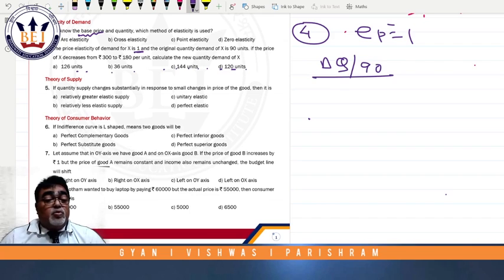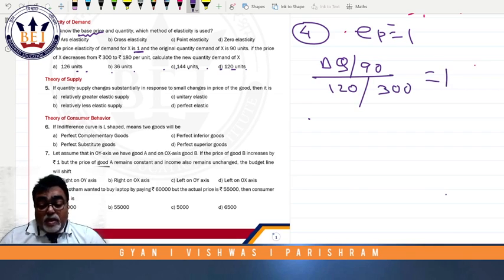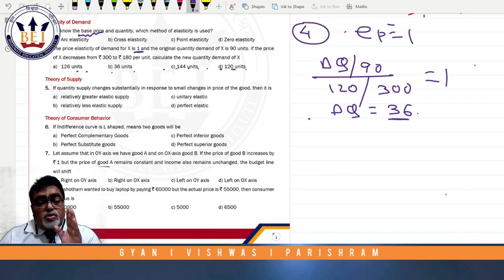Divided by del P by P: 300 minus 180, that is 120, over the original price 300, equals 1. So by calculating, we get del Q is equal to 36. Since the price falls, the question is whether we should add to or deduct from the quantity.